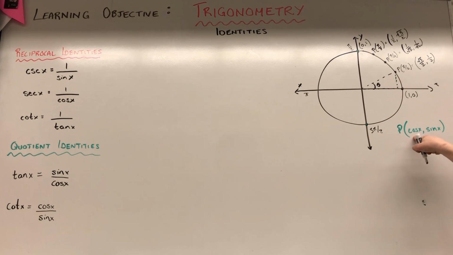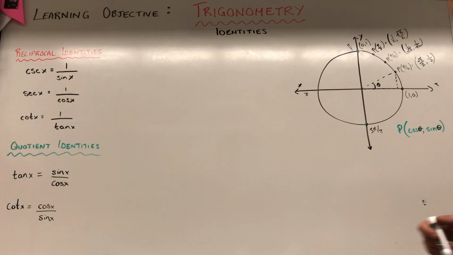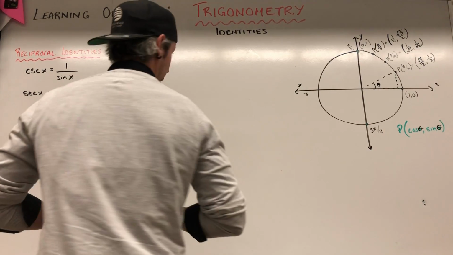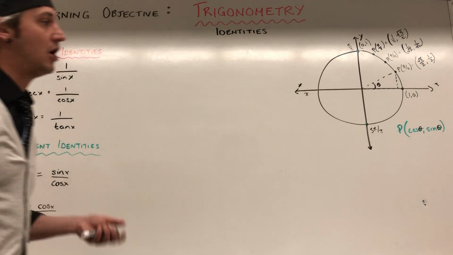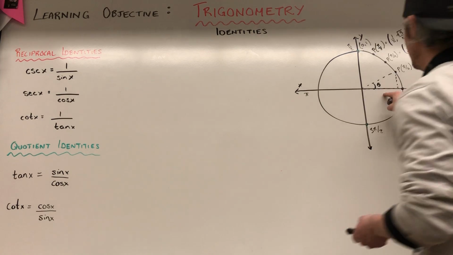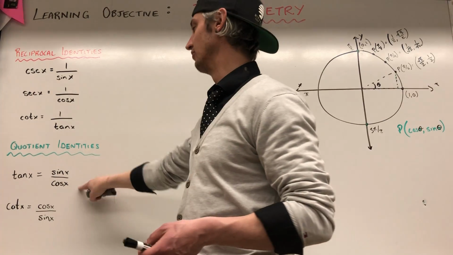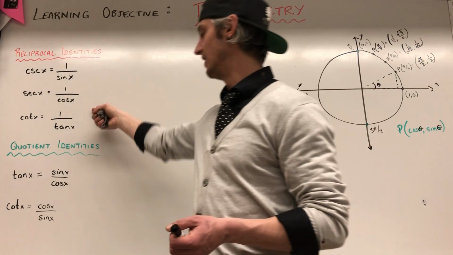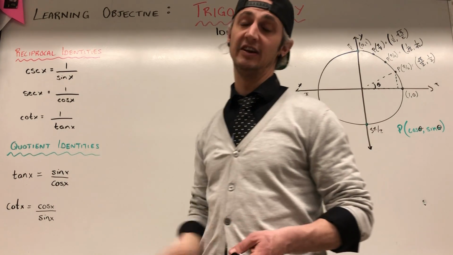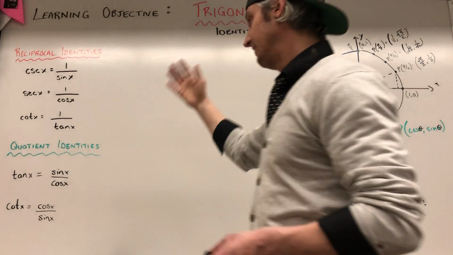So the x coordinate is cos of x, or of the angle, cos of theta, and sine of theta. X and theta get kind of interchanged. So tan will obviously be the opposite over the adjacent, or sine over cos. And then cotan, which is 1 over tan of x, is just going to be the inverse of tan of x. So let's talk about these more.